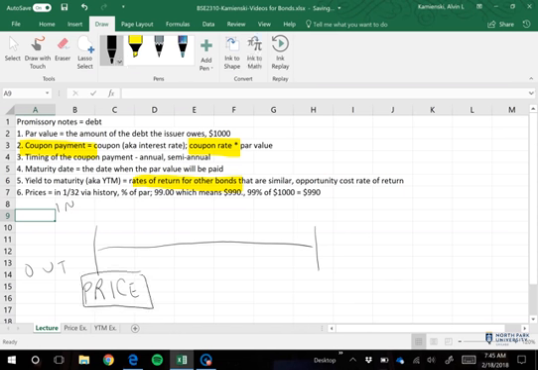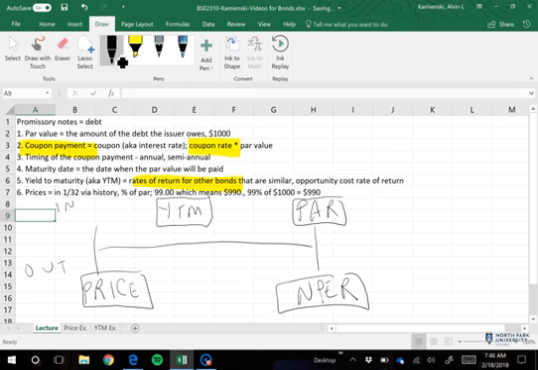Here is where we would have the par value of the bond. Here is where we would have the yield to maturity of the bond. Here is where we would have the number of periods of the bond. And starting from here all the way through to the end is where we would have the payments for the bond.